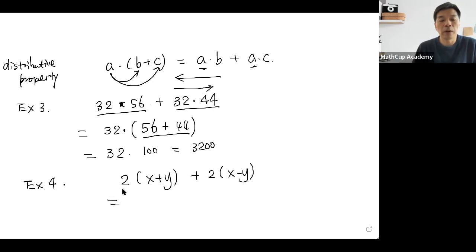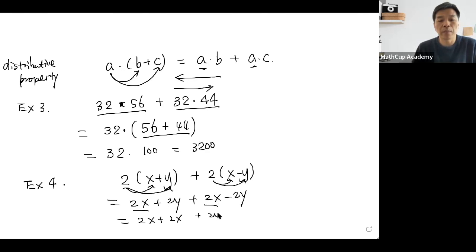All right, if we take the 2 and multiply into x and y, we have 2x plus 2y, and then the 2 inside, using the distributive law this way, 2x minus 2y. And then we're going to use the commutative law and associative law. We're going to change the order of how we're adding things. So 2x plus 2x plus 2y minus 2y, and 2y minus 2y is 0, so you will get 4x.